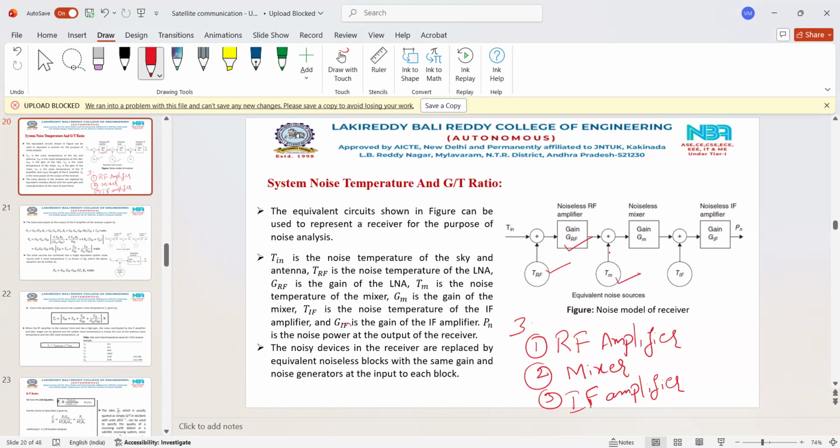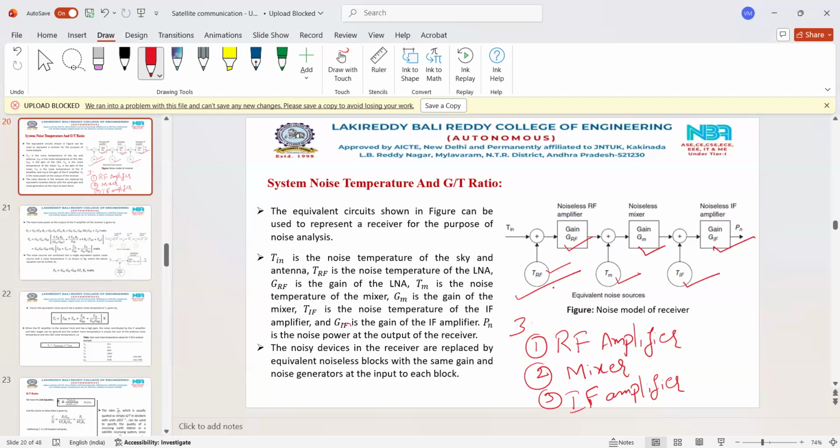TM is the noise temperature of the mixer, and GM is the gain of the mixer network. TIF is the noise temperature of the IF amplifier, the intermediate frequency amplifier, and GIF is the gain of the IF amplifier. So this is the complete noise model of our receiver.